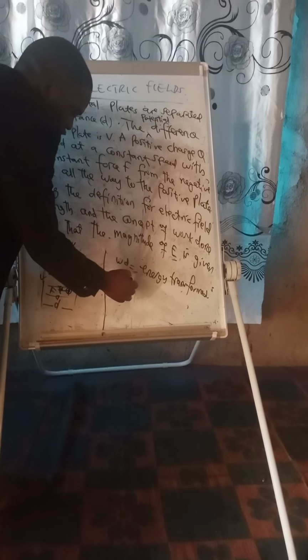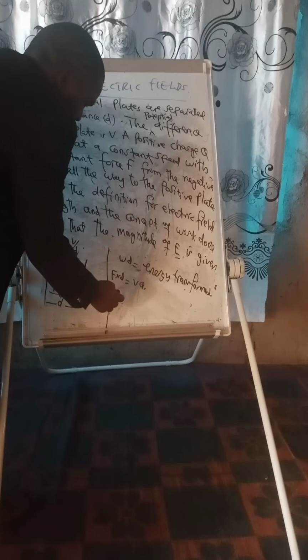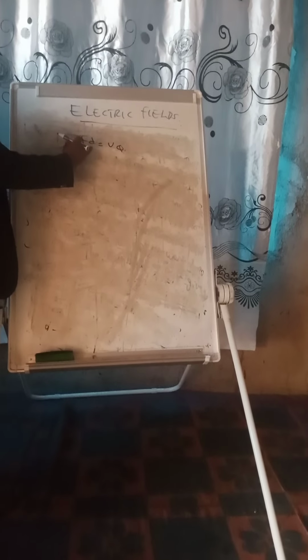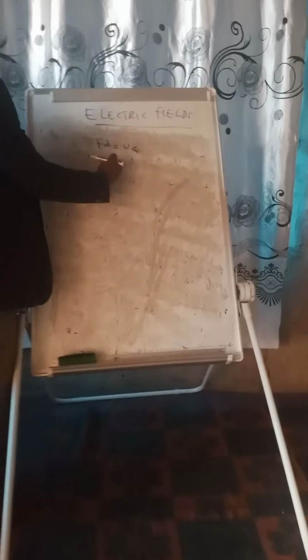Here, because you have charge, you have electric potential energy. No, we have electric potential difference. So it will be V times charge. Now, work done is given by force times distance, and the energy transformed is electric potential difference times charge.